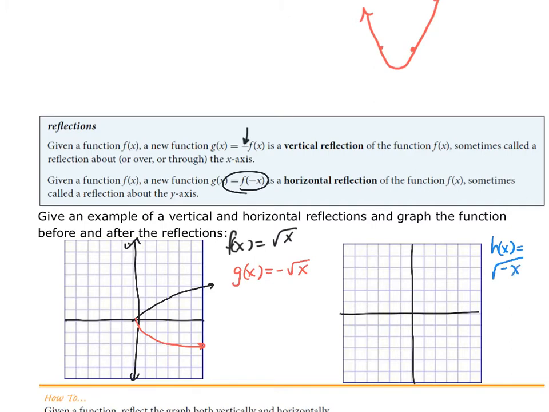Remember, everything has to be a positive number to take the square root, so the only values I can put in are negative. So that's what h of x does. If it's inside the function, it does a reflection across the y-axis. If it's outside the function, it does a reflection across the x-axis.